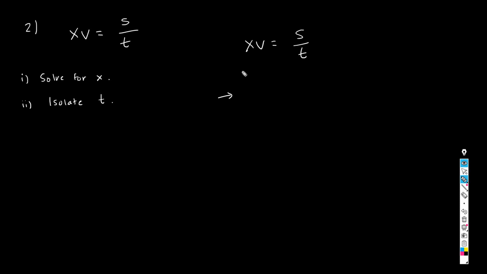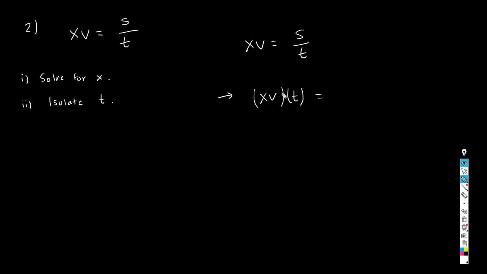When the variable that you want to isolate is in the place of a denominator, like here, what you want to do first is multiply both sides of the equation by such variable, by t. Look, I'm going to write the side as it was, and I'm going to multiply it by t.